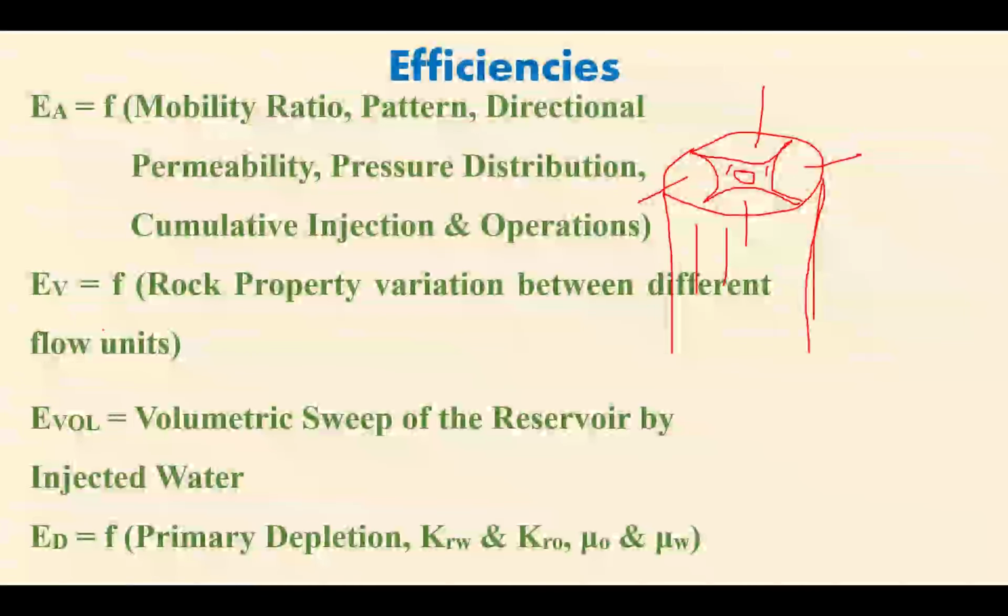a very important parameter. And even if all this area is swept, there is still some limitation, or there are some parameters that limit the recovery, and these limits are controlled by different parameters like primary depletion, the relative permeability, the viscosity of the different fluids, etc. And that is known as the displacement efficiency.